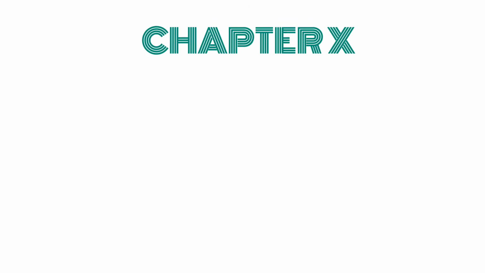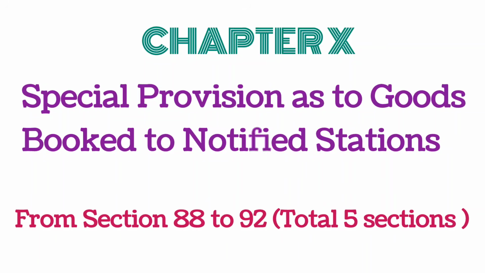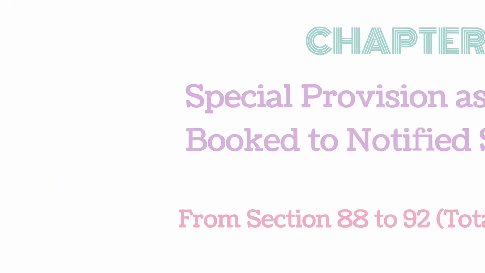Important point. Chapter 10 of Railway Act 1989 deals with special provision as to goods booked to notified stations. Sections 88 to 92, total 5 sections available in chapter 10.